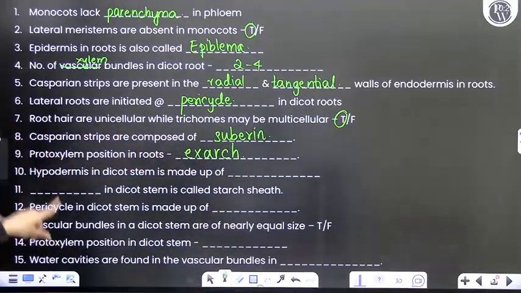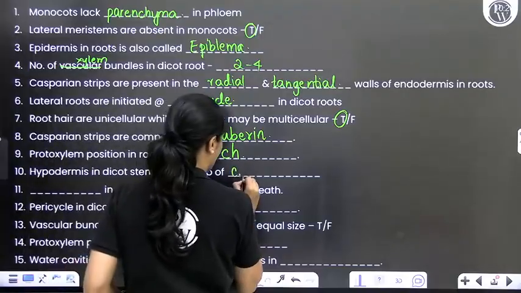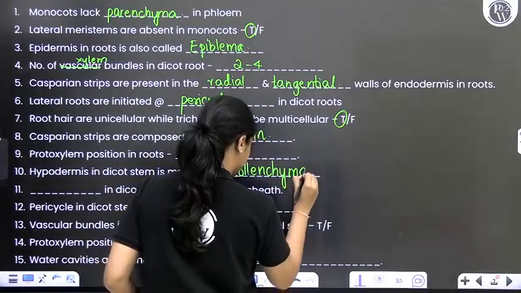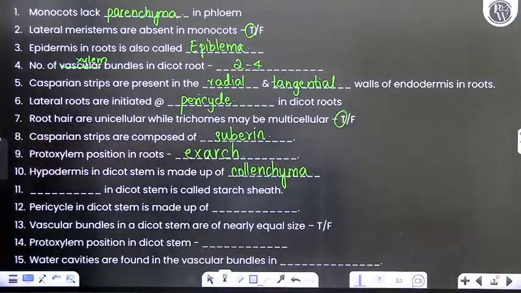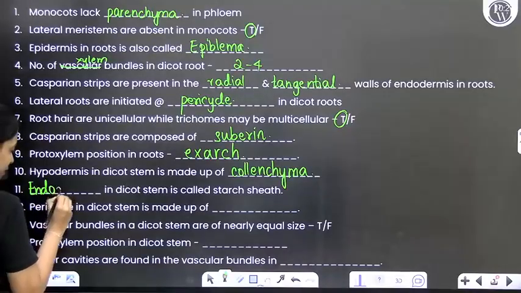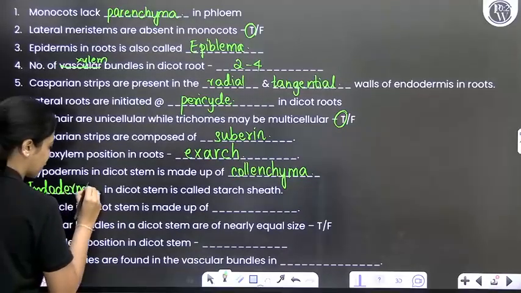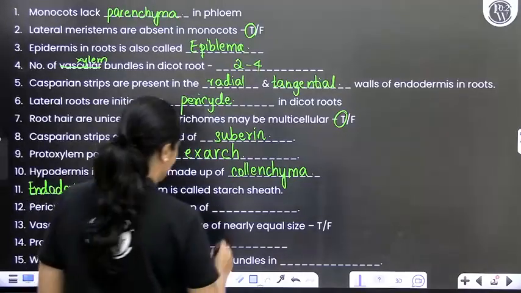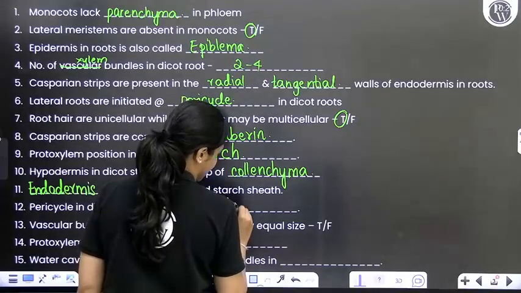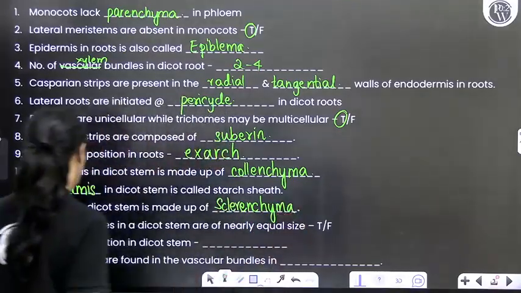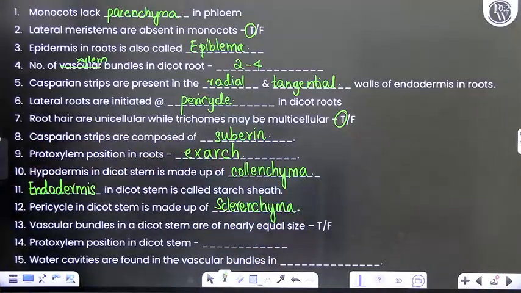Hypodermis in dicot stem is made up of collenchyma, dash in dicot stem is called starch sheath, endodermis, pericycle in dicot stem is made up of sclerenchyma, vascular bundles in a dicot stem.